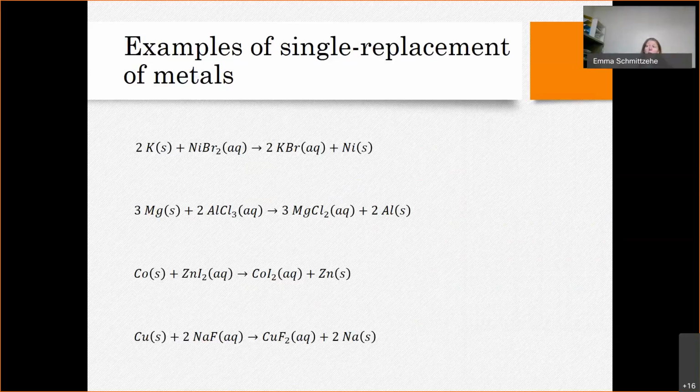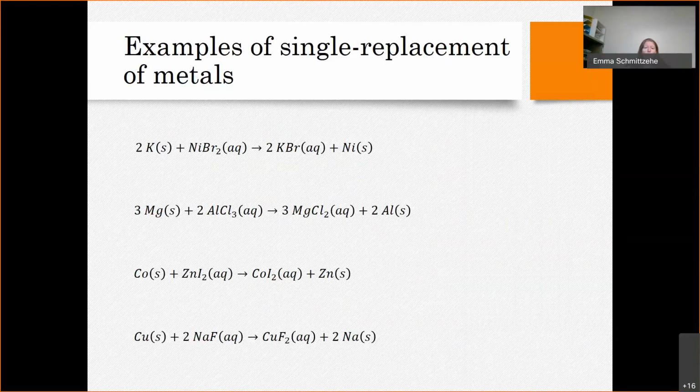So potassium in the first one is our metal, and nickel 2 bromide is our ionic compound. And what happens is the potassium kicks out the nickel, okay, to form potassium bromide, and then nickel becomes nickel solid, okay? So in this case, the potassium gets oxidized and the nickel gets reduced.